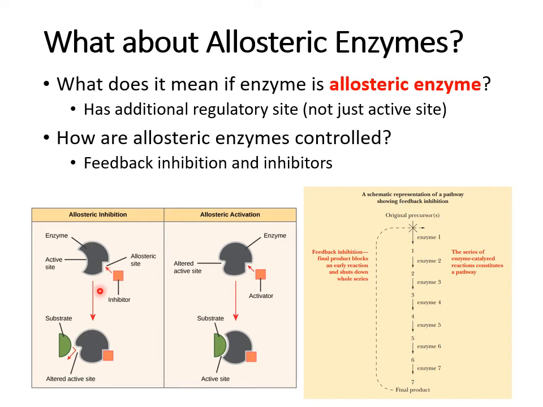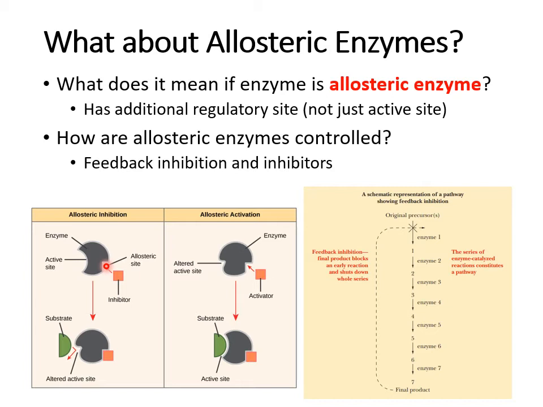Here you see an inducer, an activator, binding somewhere other than the active site, and you see the inhibitor binding somewhere other than the active site. That other site is called an allosteric site. The allosteric site means that binding something there will modify the shape of the enzyme.